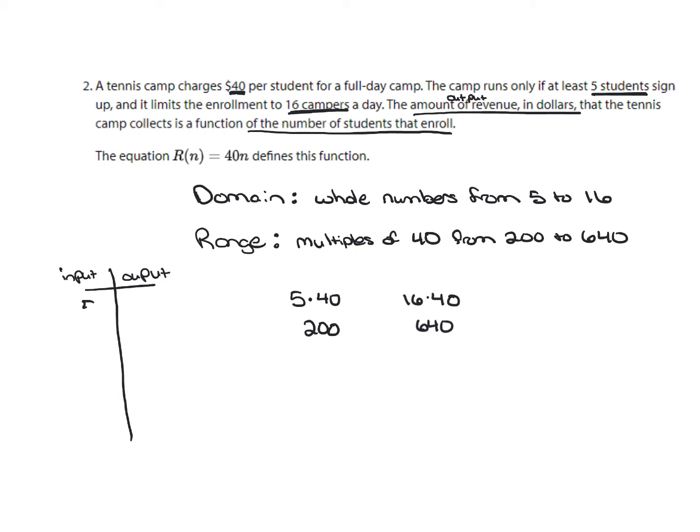So if there was 5 students, it would be $200, and 6 students, I'm just plugging values of n in here. 40 times 6 is 240, and 7 students would be 280, and 8 students is 320. I can just keep following that pattern up to find out the smallest and the largest numbers I can get.